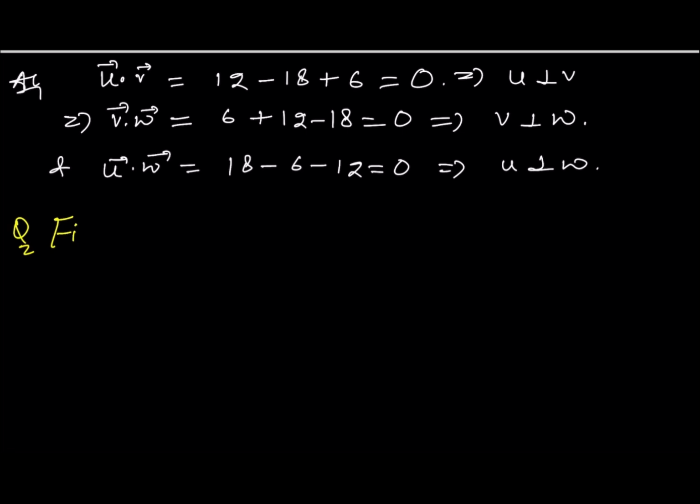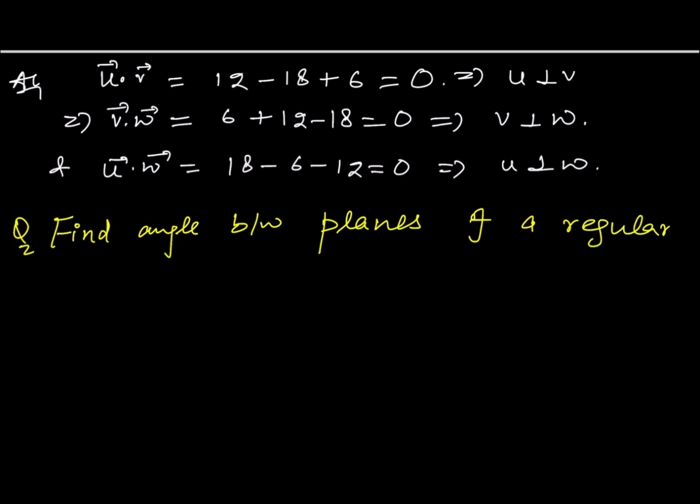Find the angle between planes of a regular tetrahedron. See, a regular tetrahedron is a pyramid having four triangular faces, right? This thing we already know. And each triangular face is an equilateral triangle, right?